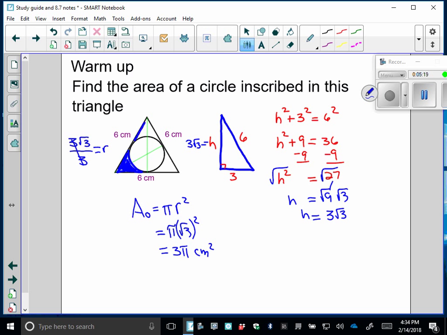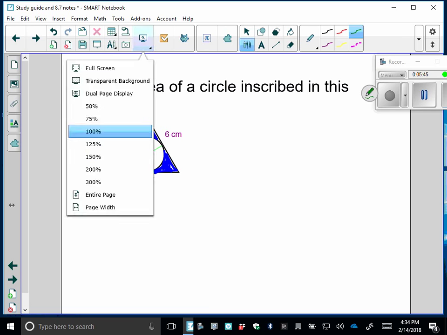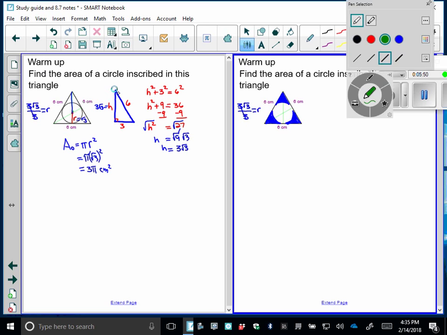So this blue region that I'm creating. We're going to keep the learning from the previous page. And in fact, we can look at them side by side. And think about, in order to solve this problem, I need to find the area of the triangle and subtract out the area of the circle.